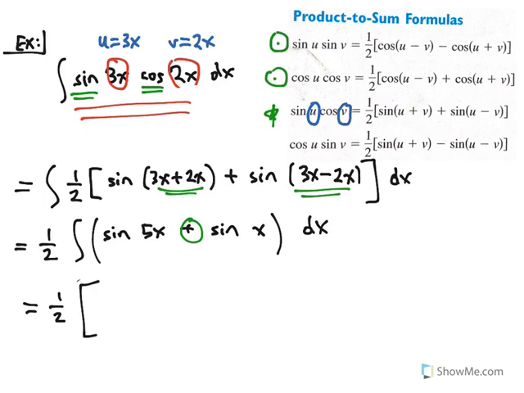An antiderivative of sine is negative cosine, but you have to compensate for having the 5x by dividing by 5 or multiplying by 1/5, so that when you find the derivative, you'd be using the chain rule, but you're compensating for that constant of 5 by multiplying by 1/5, so that when you find the derivative here, you would get sine of 5x.